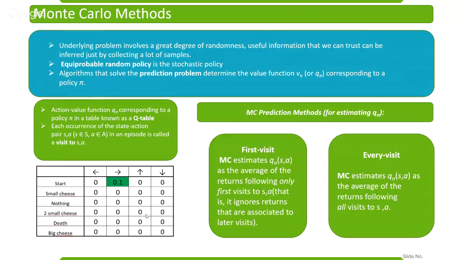And then it generally implements an equiprobable random policy. The name itself suggests that if an agent has a set of states S and it takes an action A, what is the equally likely probability that a reward R will be attained?